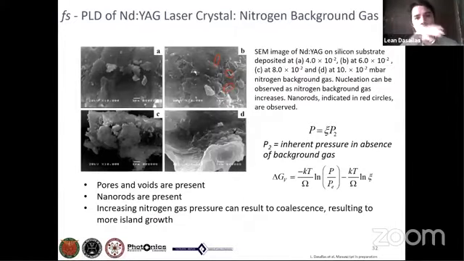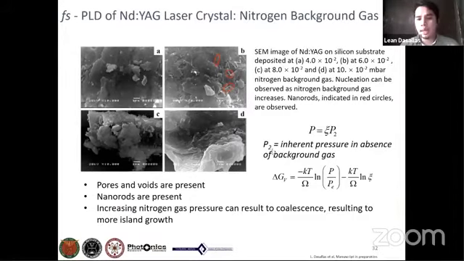We also tried to do a parametric investigation using different background gases. So for example, we have a nitrogen background gas. And when we increase the nitrogen background gas pressure, the tendency for the particles is to coalesce with one another.